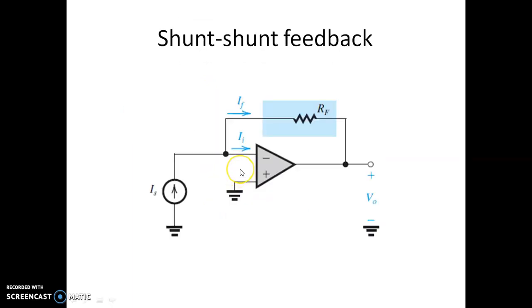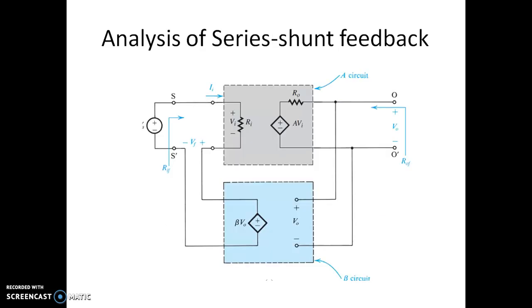But in this particular course, we will not be referring to all the feedback topologies. We will be concentrating only on series shunt feedback amplifiers, and we will do a detailed analysis of the series shunt feedback topology. So this is a series shunt feedback circuit having an ideal source, and of course an ideal load.